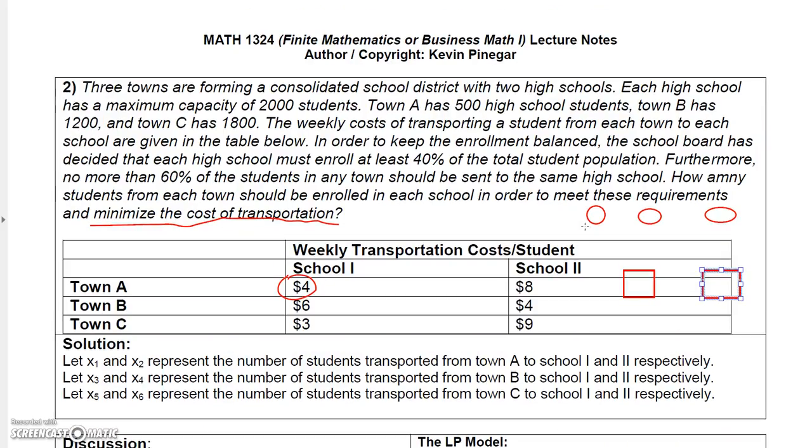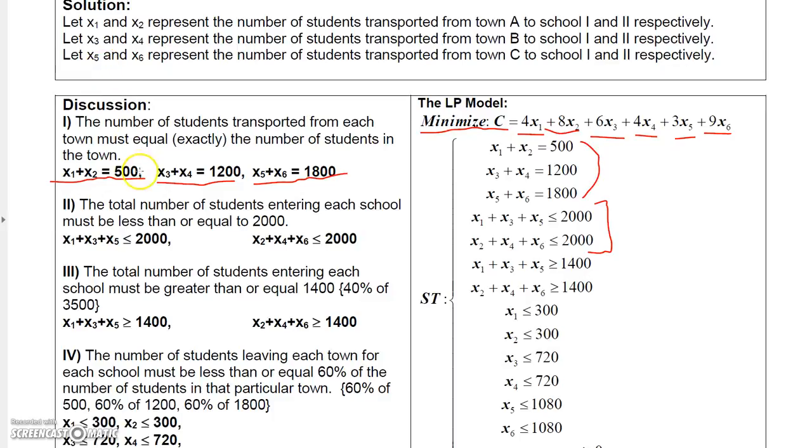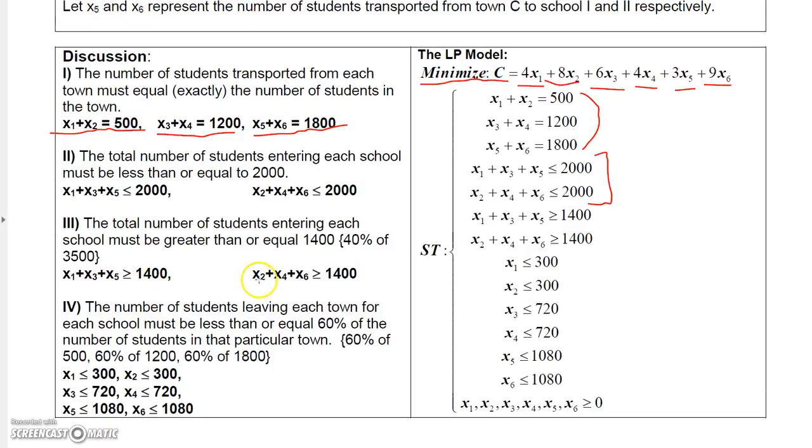Now, the other thing it says here is that at least 40% of the total population must be enrolled in each high school. So I guess that's to keep them from all trying to go to a particular school. So we're going to figure out what 40% of the total is. 40% of 3,500 would be 1,400.